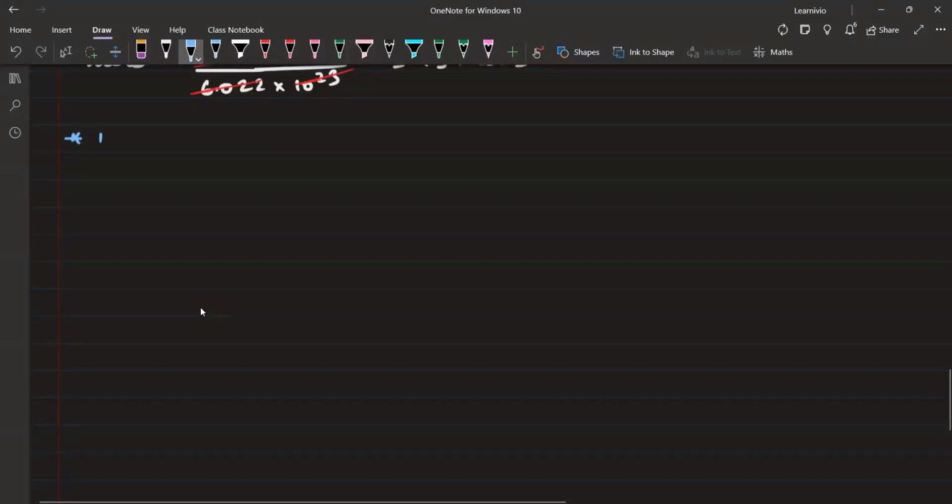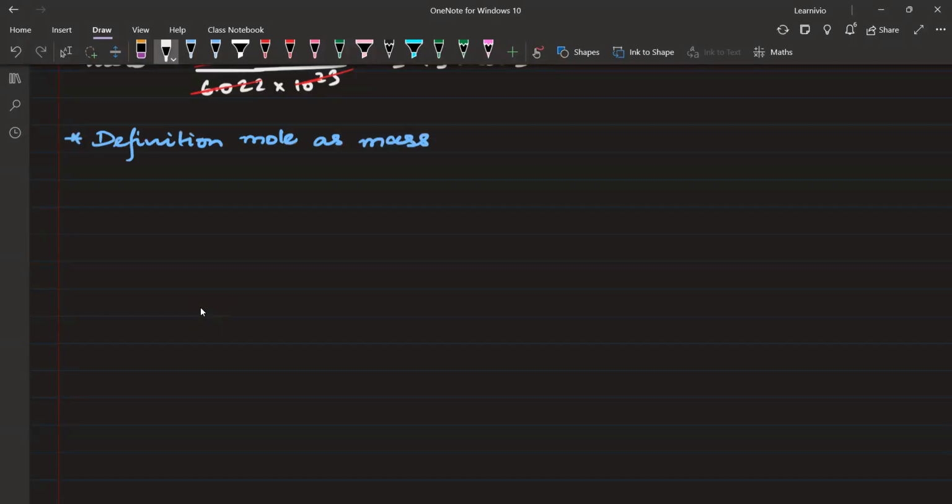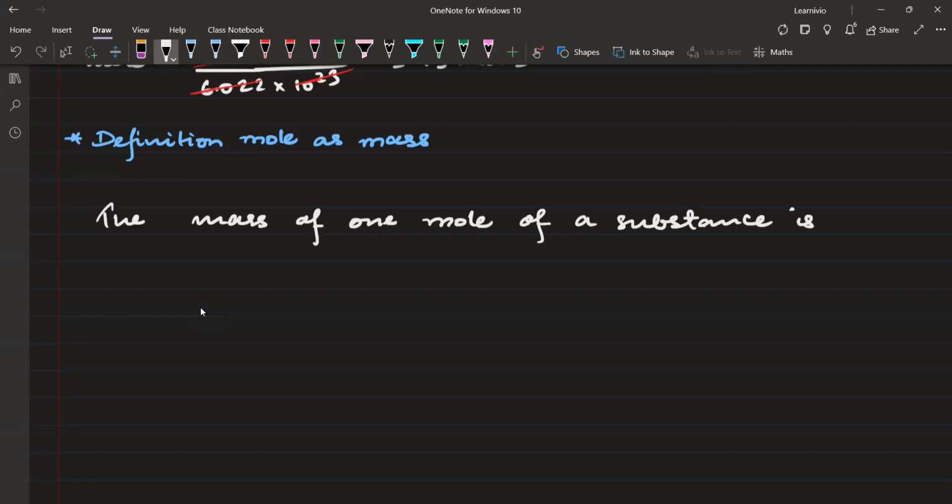See, the main point is that the mass of 1 mole of a substance in gram is called molar mass.